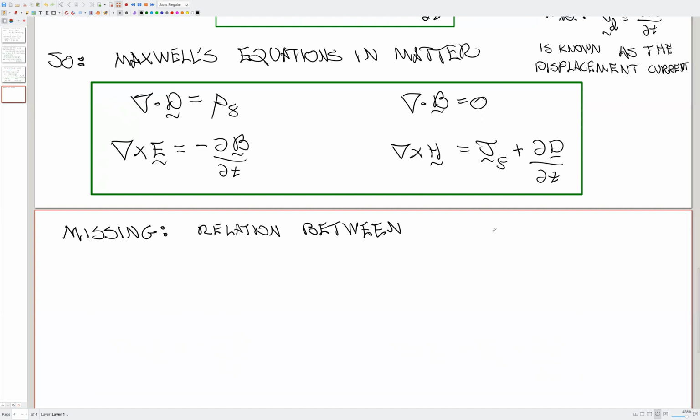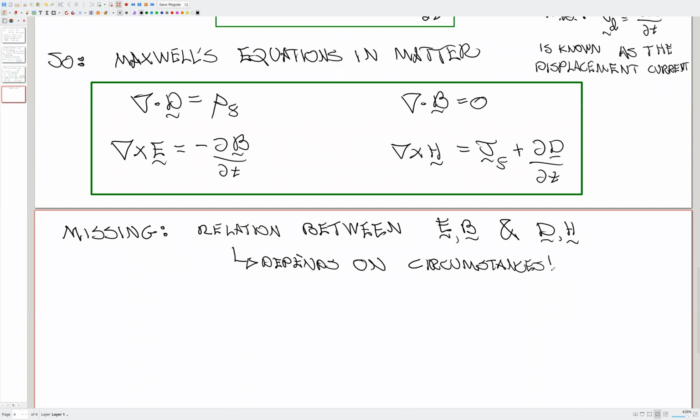So there has to be a relationship between essentially E and B and the D and H. And the point is that this relationship depends on the circumstances. When I say circumstances here, I mean the precise nature of the junk you're dealing with.